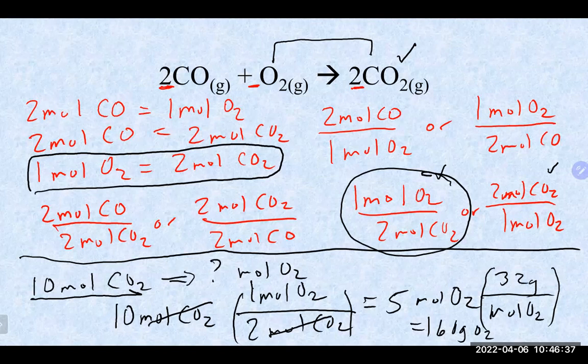So what this calculation means is you would need to dump in 160 grams of O2 in this reaction. If everything went perfectly, you should produce 10 moles of CO2. And again, these are the 4 basic steps: balance the equation, convert to moles, do the mole to mole relationship, and convert out of moles.